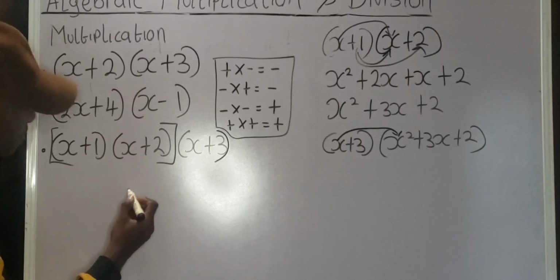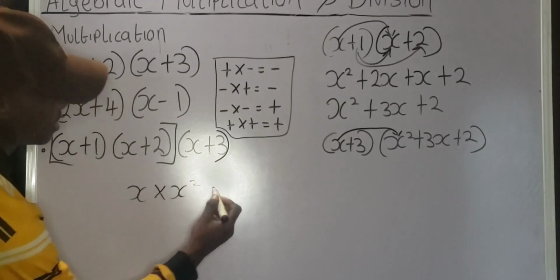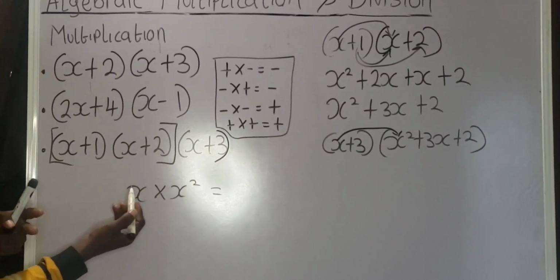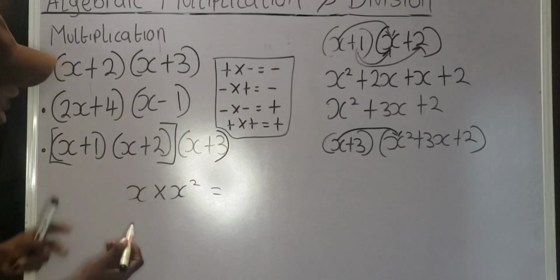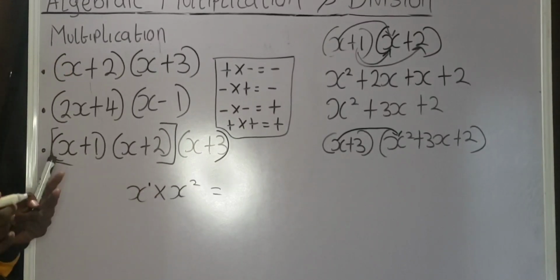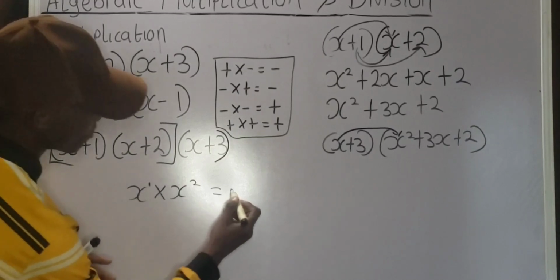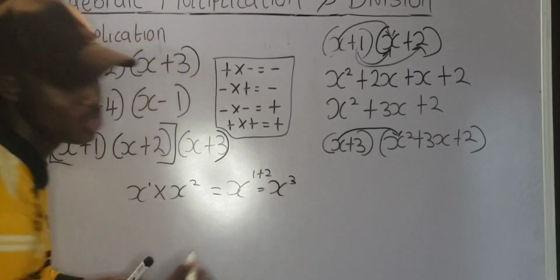According to the law of indices, if you have x multiplied by x squared, what's the answer? You know, this x is raised to the power of invisible 1. You understand? So x raised to the power of 1 is also the same thing as x. Okay? So now, if you want to take the product of this x, I'm going to have x raised to the power of 1 plus 2, which is x raised to the power of 3. Do you understand?